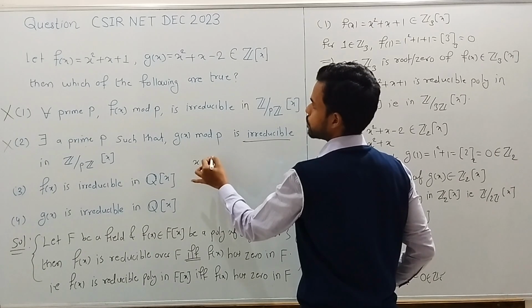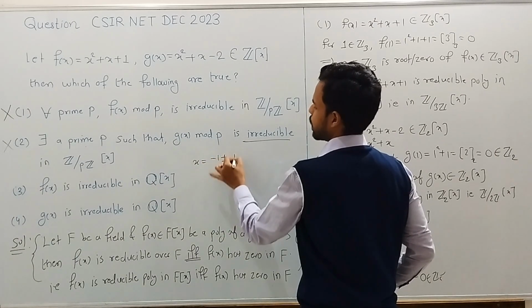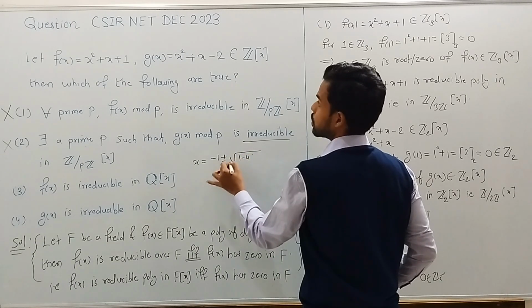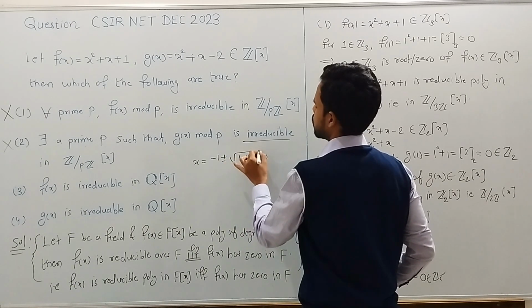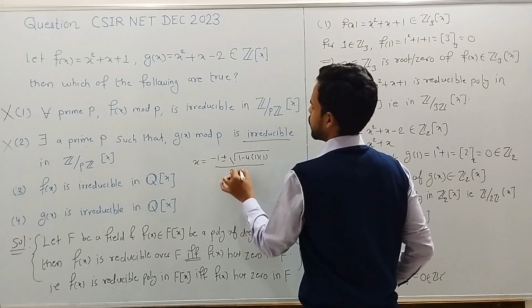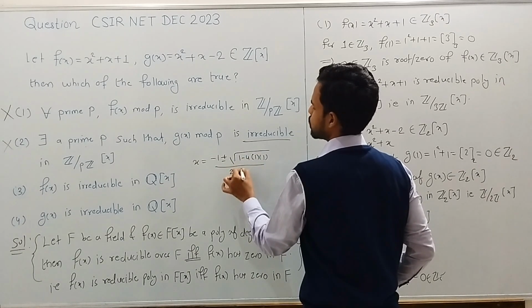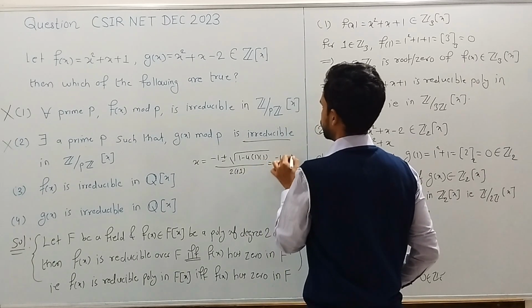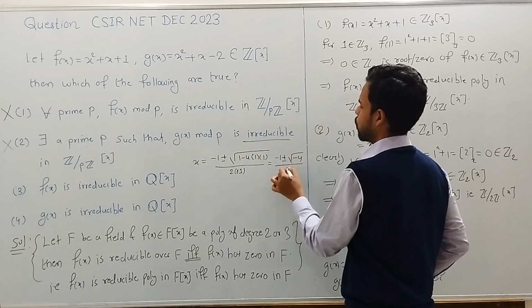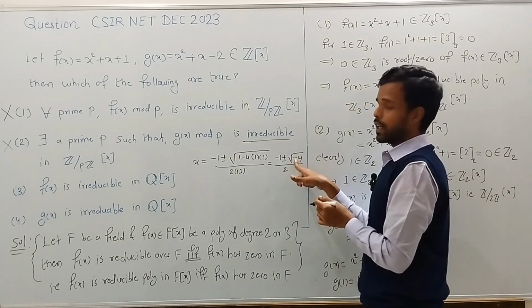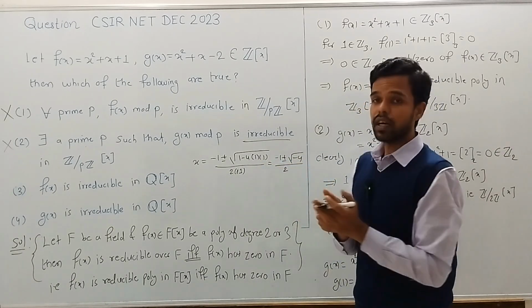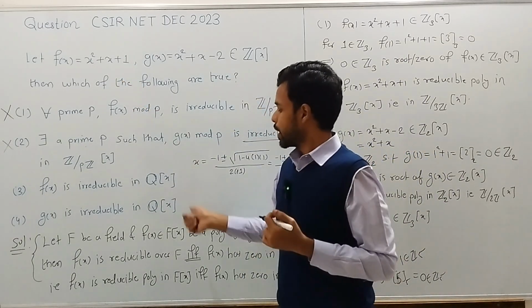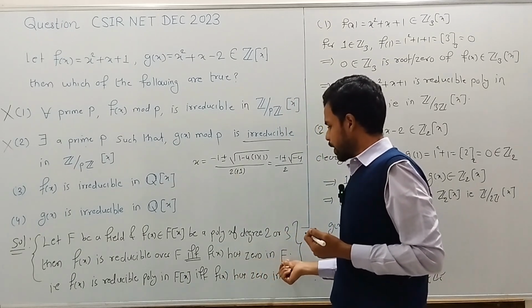By the quadratic formula, minus b plus minus the square root of b squared minus 4ac, upon 2a, we get minus 1 plus minus the square root of minus 4, upon 2. As there is a minus sign under the root, the roots are complex. So f of x has no root in Q.